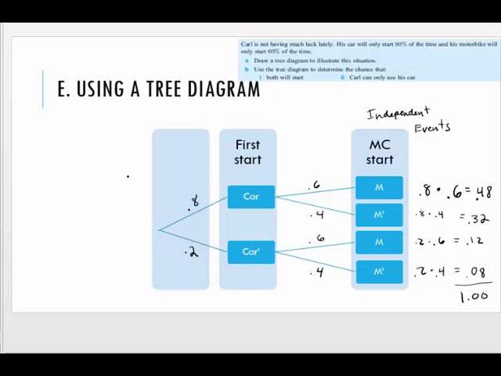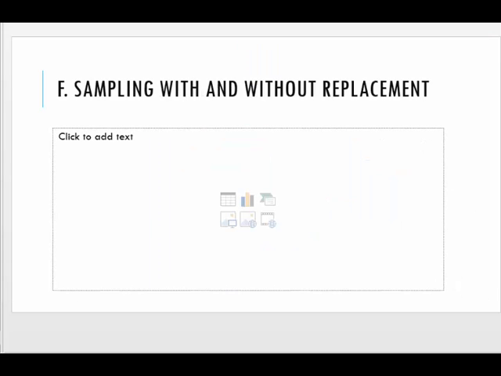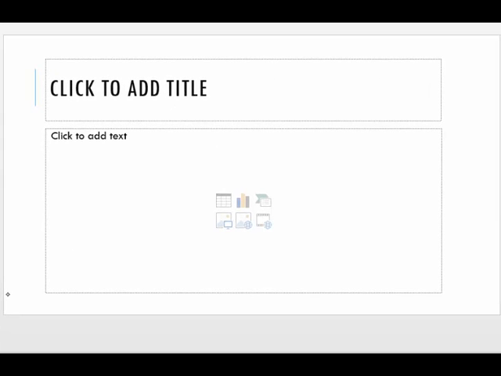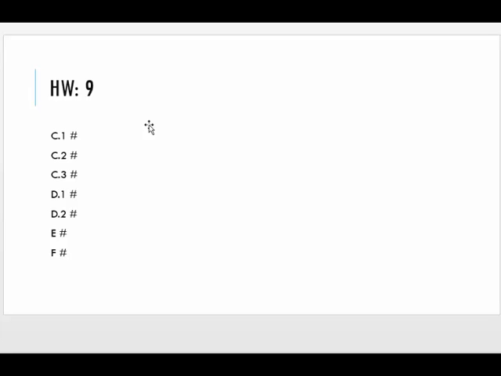The events in this section are independent events. So I think I'm going to save that for later. We'll start next time, Friday, with this. So your homework is, here they are. Let's go ahead and type them in.